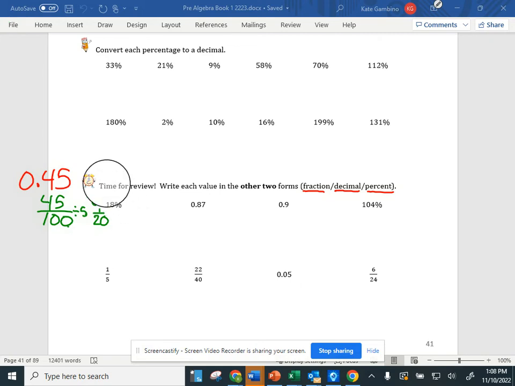Let's do one more practice. So I did, was that one a percent? No, that one was a decimal. You've done a decimal. Now do a fraction. So now I need to do a fraction.